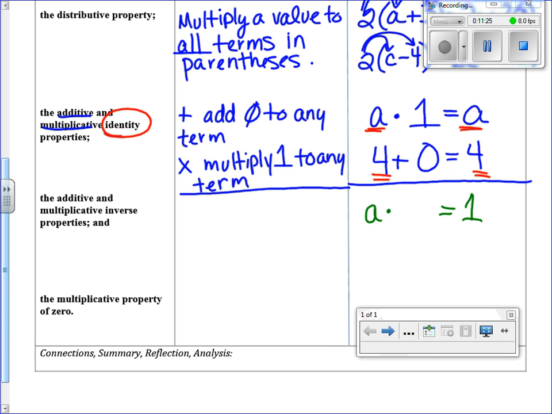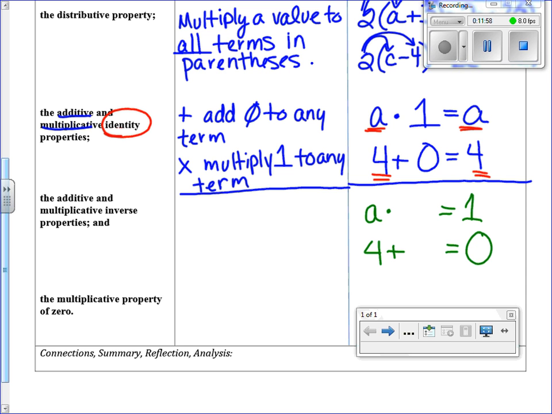Now, with the additive inverse, I'm still going to use 4. And I'm going to say 4 plus something is going to equal 0. Here I said 4 plus 0 equals 4. Now I'm going to say 4 plus something equals 0. So that 1 and 0 still comes into play with the inverse property, but it's now been moved to what it equals instead of what we're multiplying and adding it to.